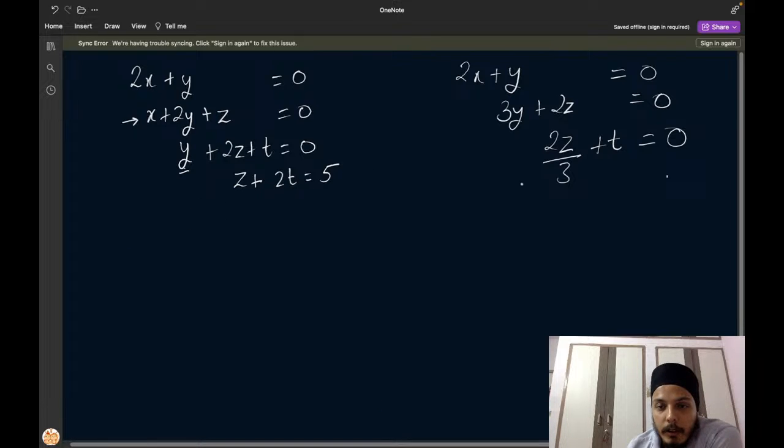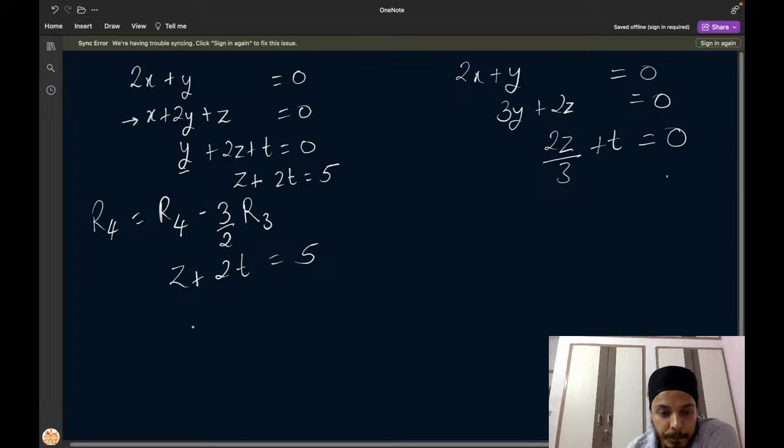We will do the operation on this fourth equation: R4 equals R4 minus 3 by 2 times R3. Multiplying R3 by 3 by 2 makes the coefficient of z equal to 1. R4 is z plus 2t equals 5, and the new equation is z plus 3 by 2 t equals 0.